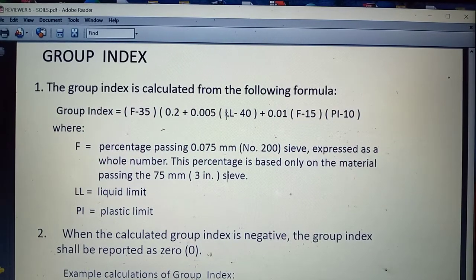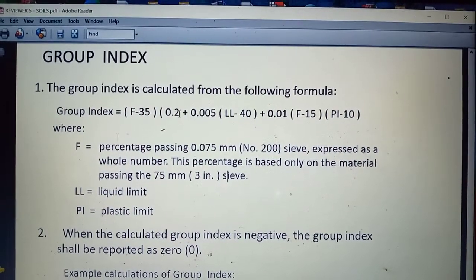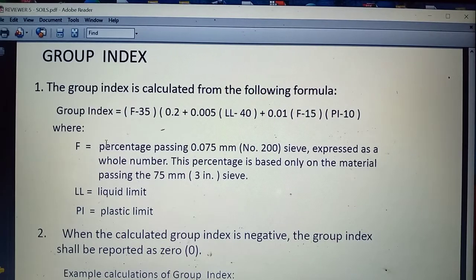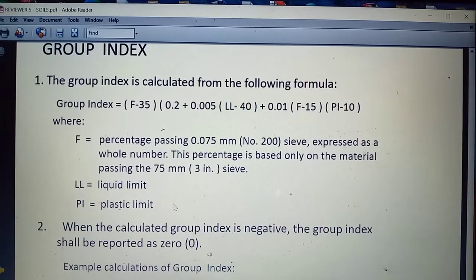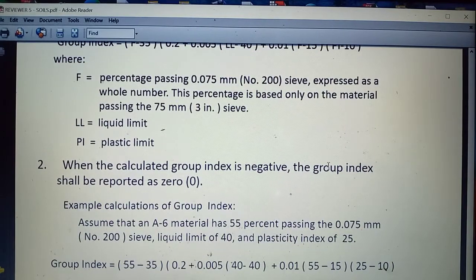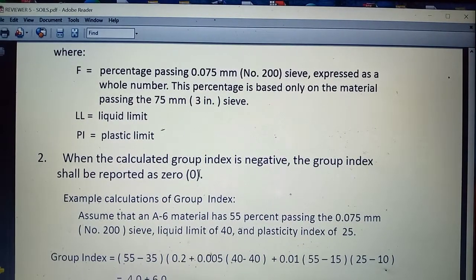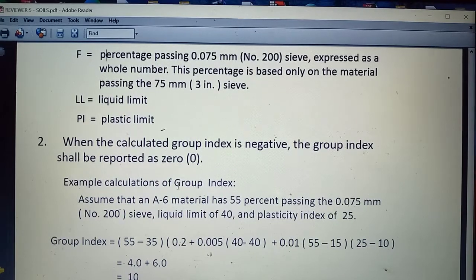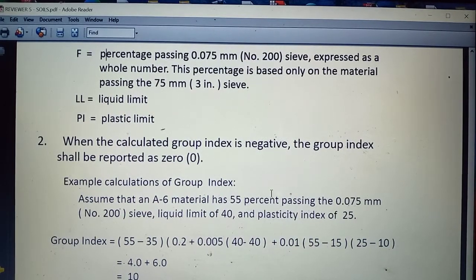Ito yung ibig sabihin niya: F is percentage passing 0.075 mm or number 200 sieve. And then, we have the liquid limit, yung LL, at saka yung PI mo, yun yung plasticity index. So, when the calculated group index is negative, the group index shall be reported as 0. So, yan yung example calculations ni group index.